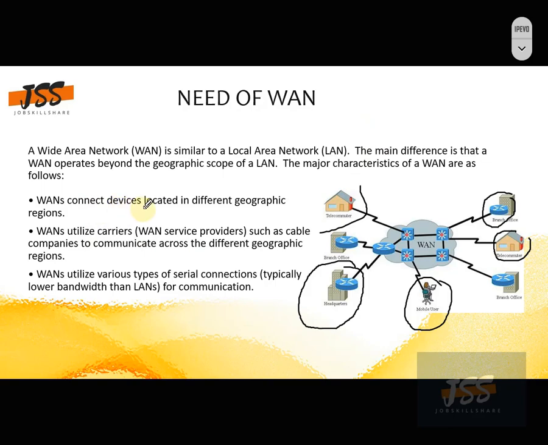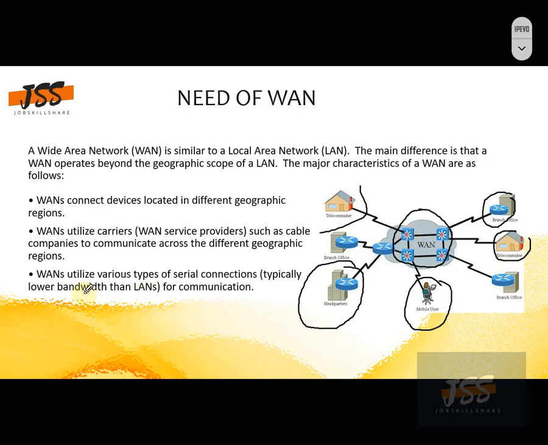So WAN connects devices located in different geographical regions. WAN utilizes carriers such as cable companies to communicate across different geography. Basically these will be the cable companies that connect this piece with this one, this one with this one.